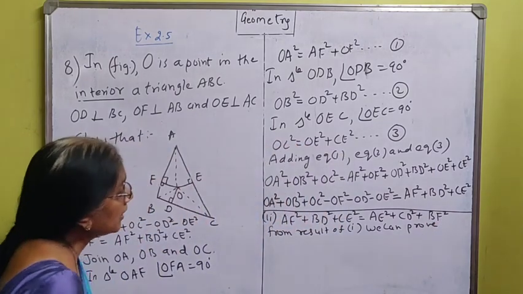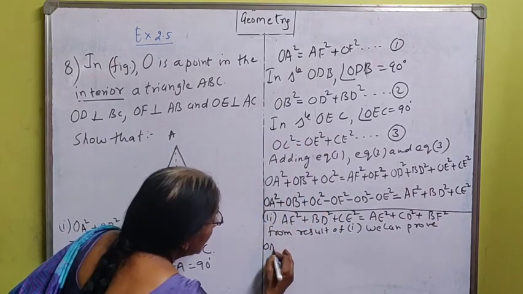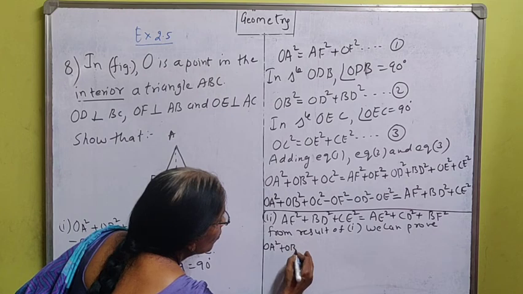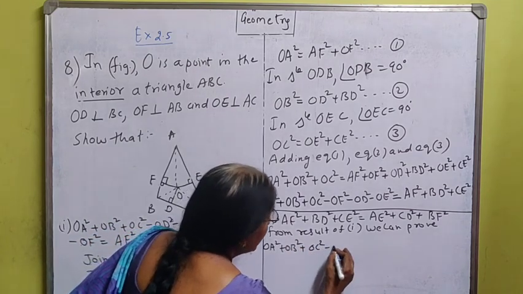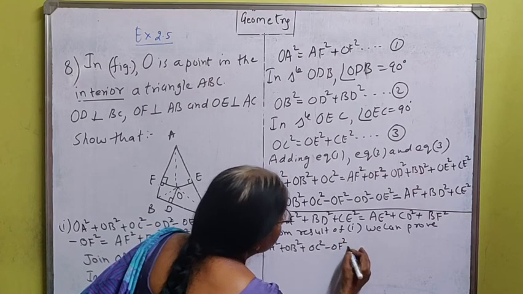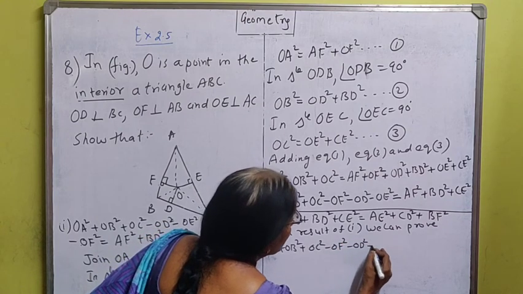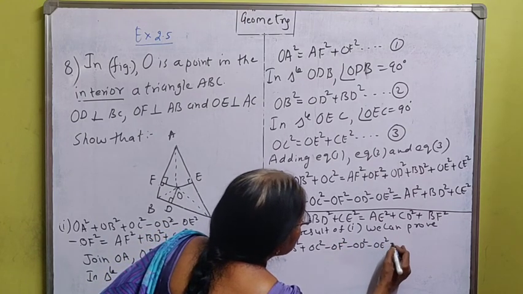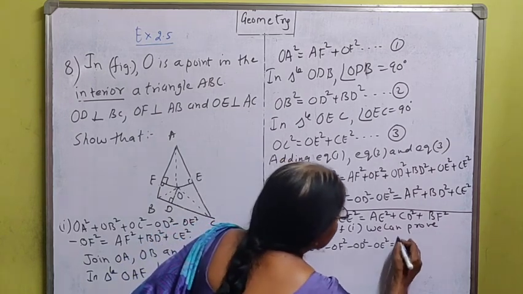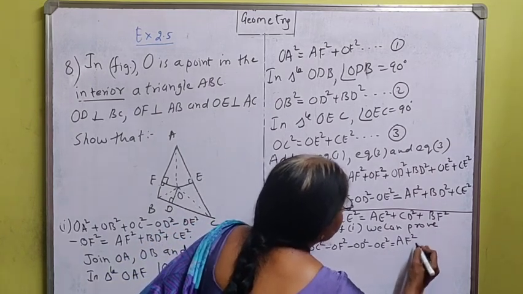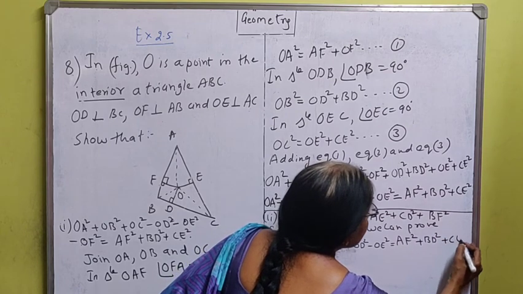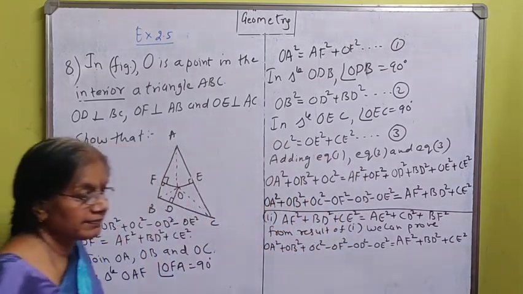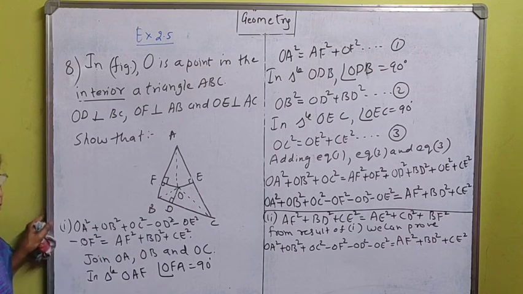So what is the first result? OA square plus OB square plus OC square minus OF square minus OD square minus OE square is equal to AF square plus BD square plus CE square. This result will help us to find out.